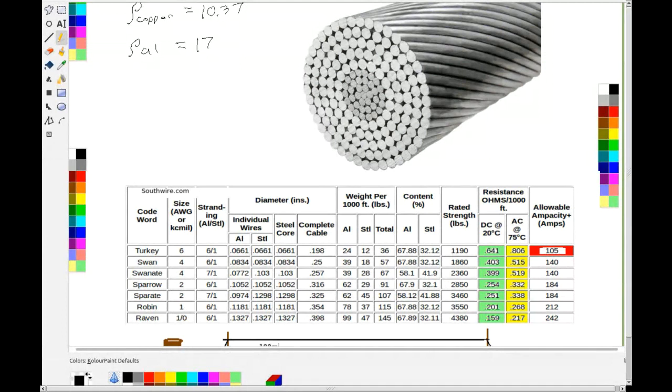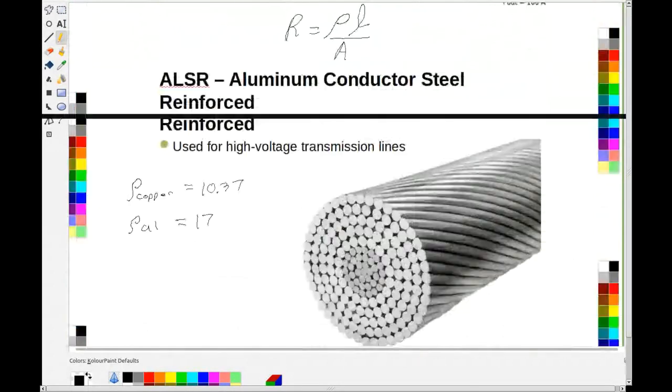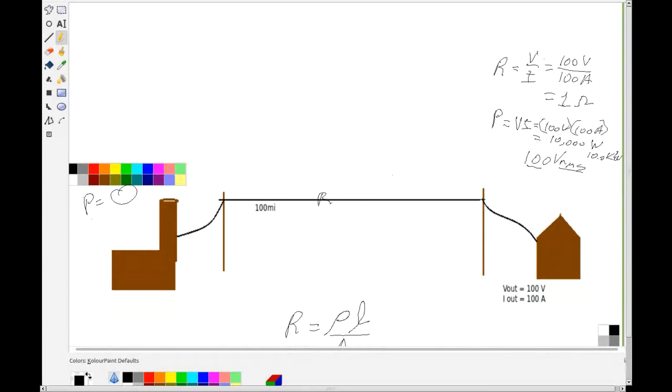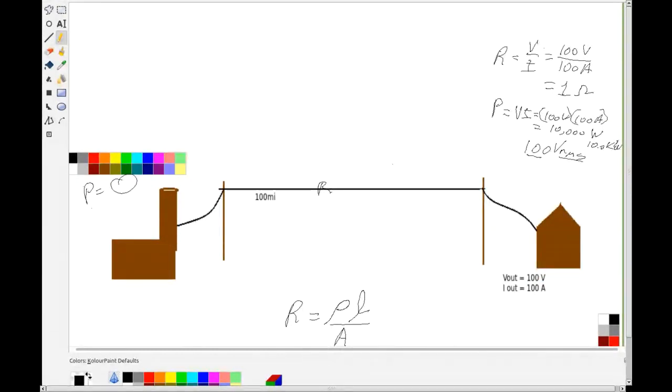So what we're going to do is use this setting here of 0.806 ohms for every 1,000 feet. That is our value of resistance for this wire. Now we're just going to say it's 100 miles from the power generation plant into my house.